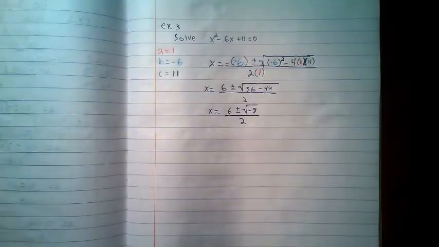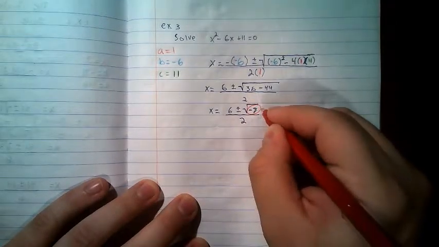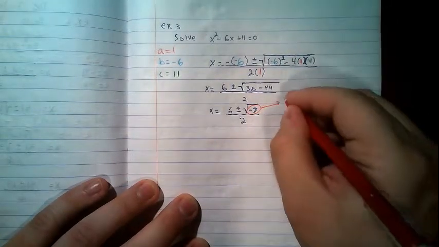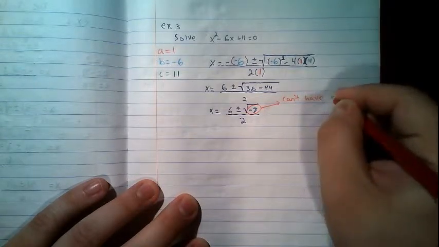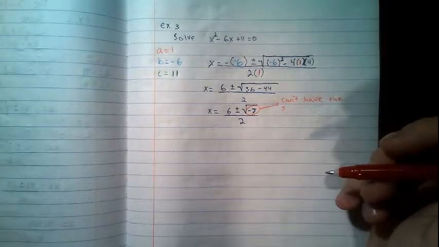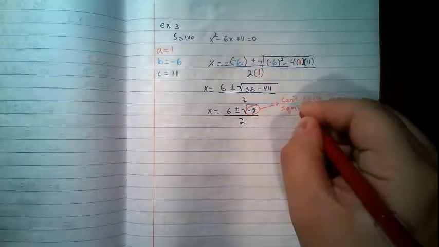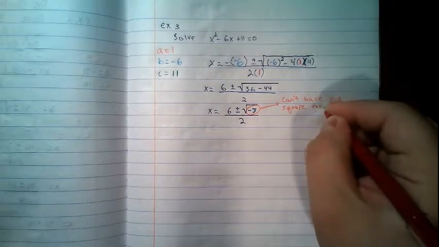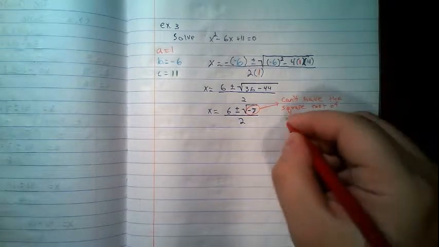And I want you to write that down in your book because it's really important. We've seen that situation occur when we graph, but here you can't have the square root of a negative number.